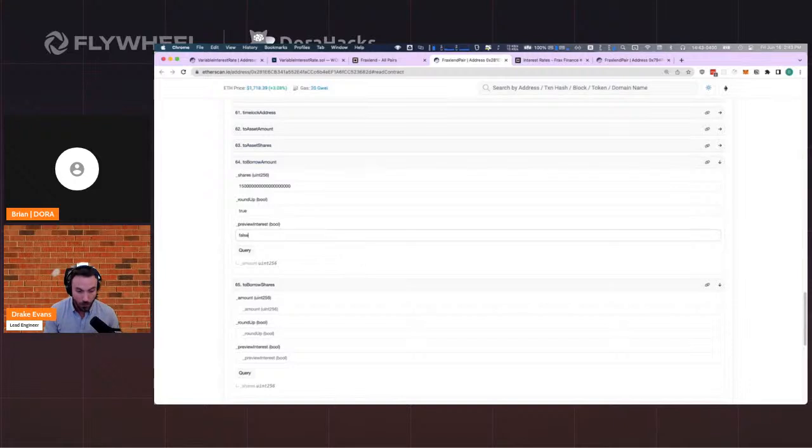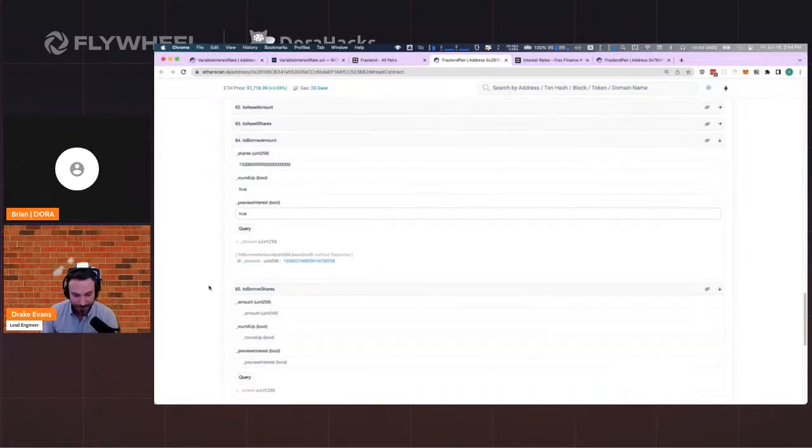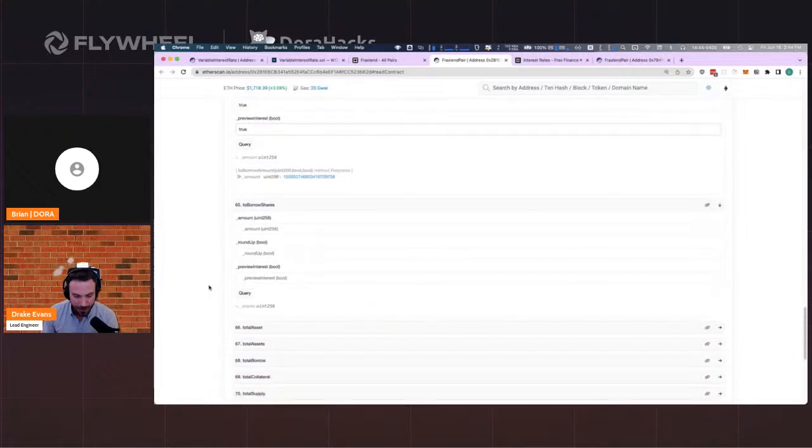The old V1 pairs would have given me this number here. However, we want to simulate pending interest. So I'm going to set this to true, and you'll see this number increased. That represents the interest that I owe up to the point in time today. So this is a significant improvement in terms of user interface from the V1 pairs.